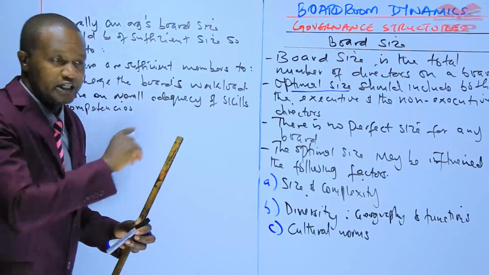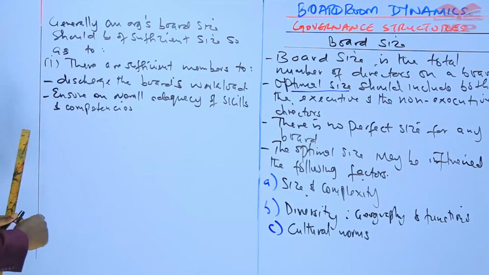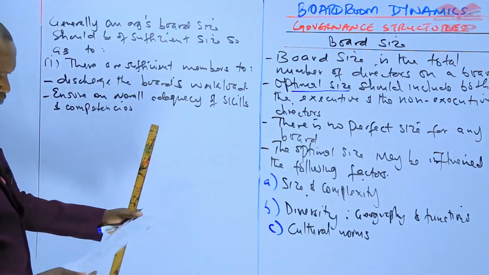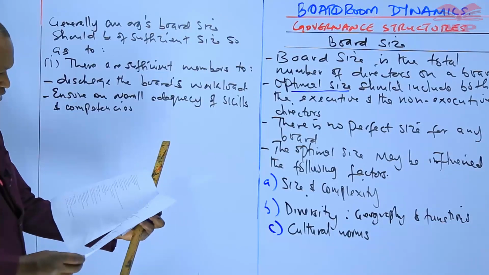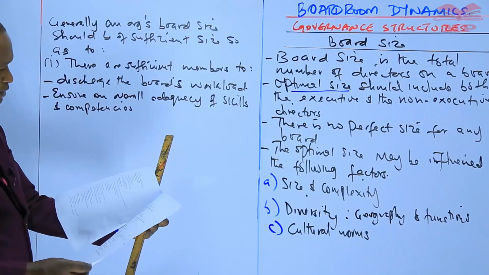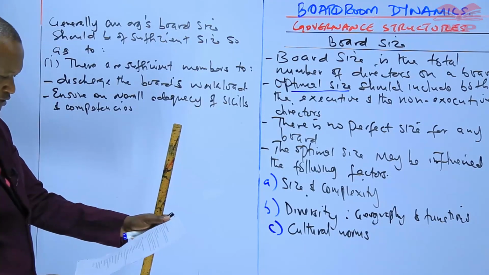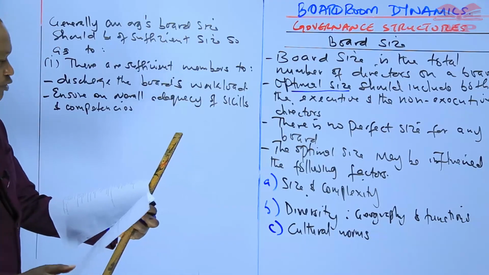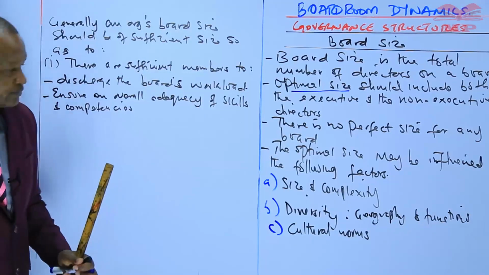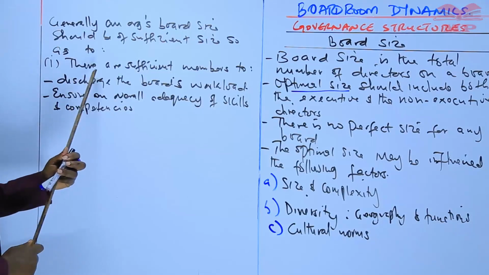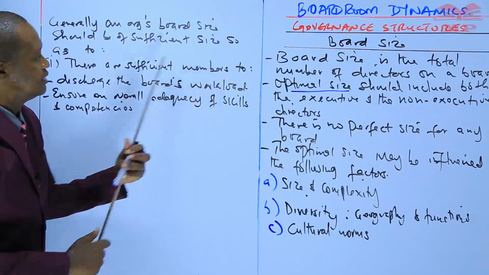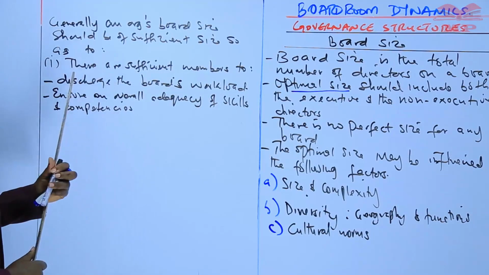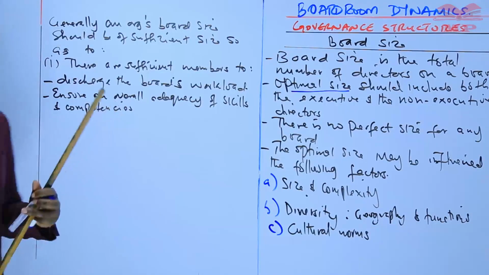That we'll study in chapter number 4. All right? That is the next chapter. We'll be studying director competencies and skills. So there should be a sufficient number of members to ensure an overall adequacy of skills and competencies.